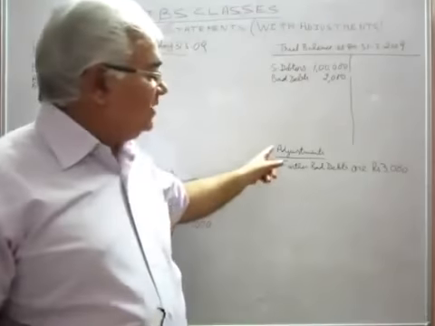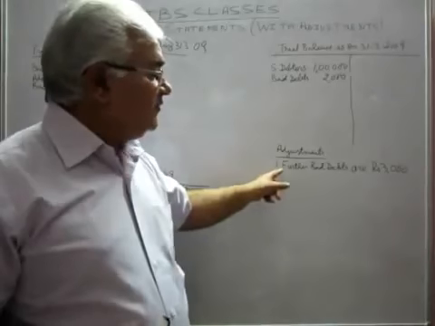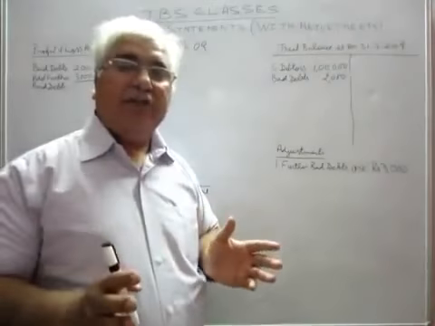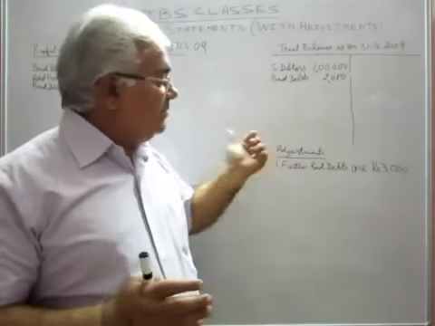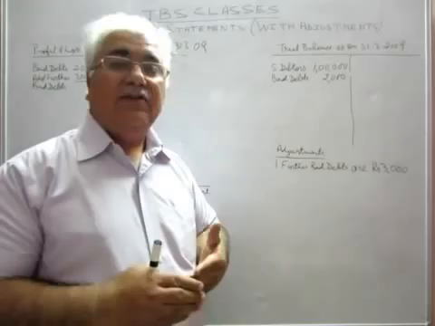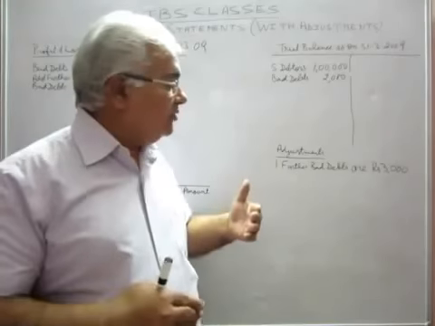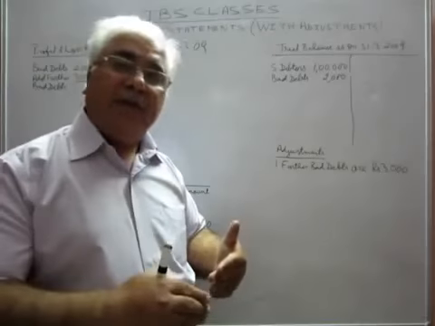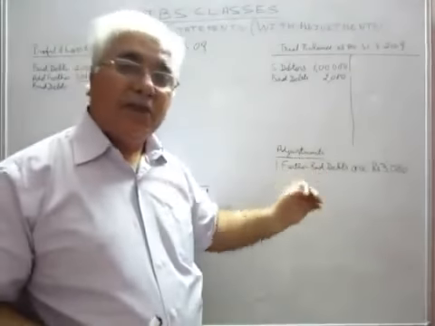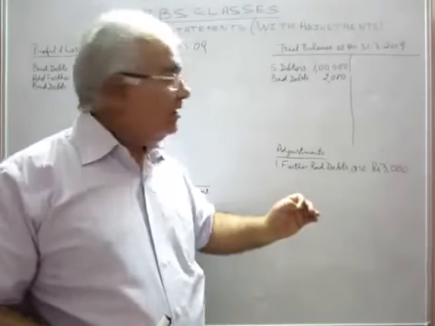Okay. Now in this case, adjustment is given that further bad debts are 3,000 rupees. That means after the preparation of the trial balance, you come to know of further 3,000 bad debts, and you have to take this also into account. So another entry you will pass for this bad debt account debit to sundry debtors for 3,000. Okay.